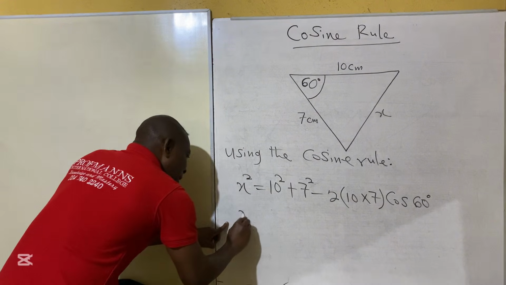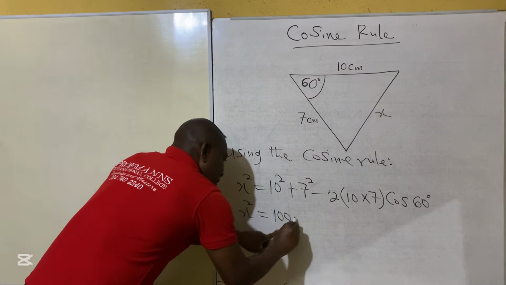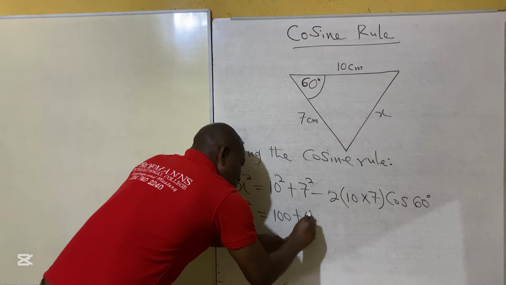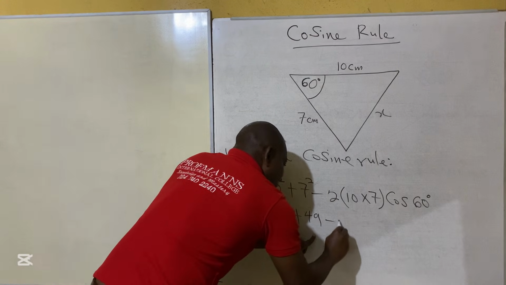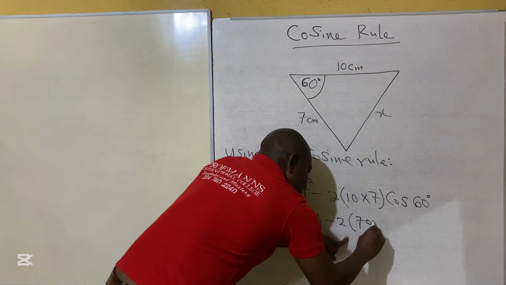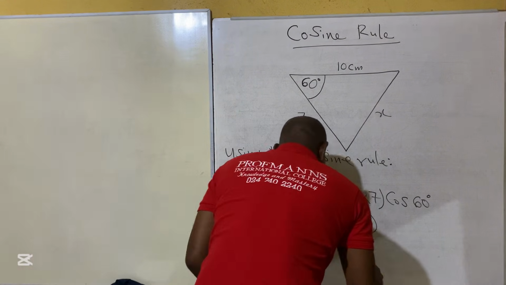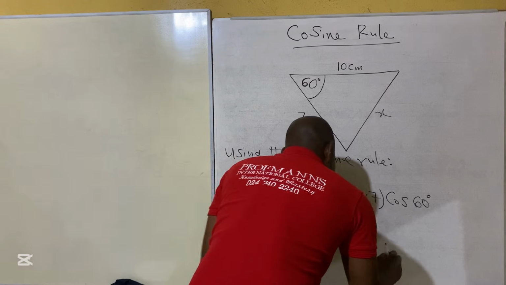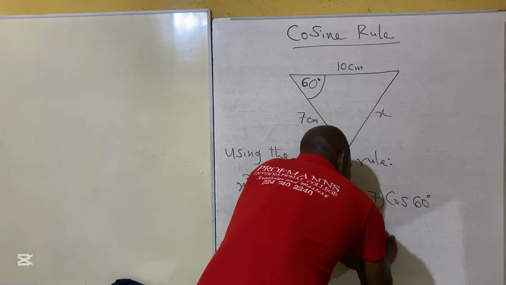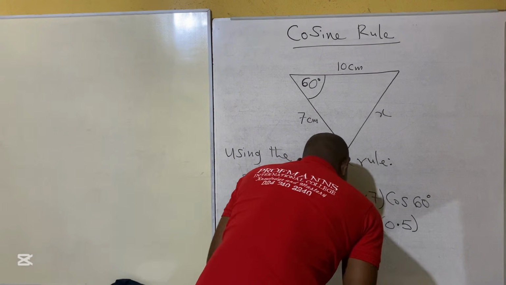So we have x squared being equal to 100 plus 49 minus 2 into 10 times 7, this gives us 70. Cos 60 gives us 0.5.